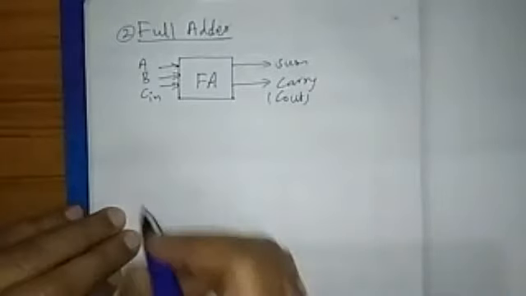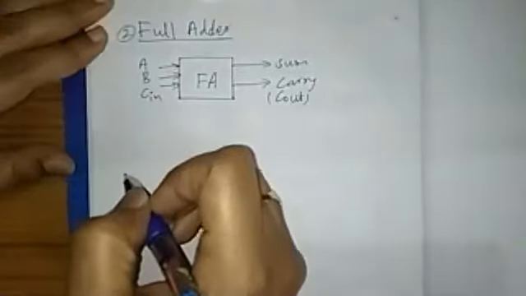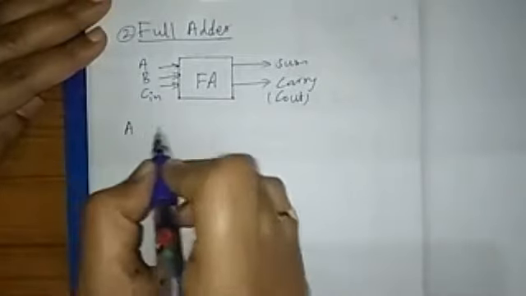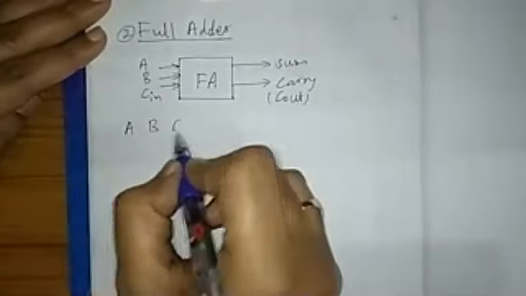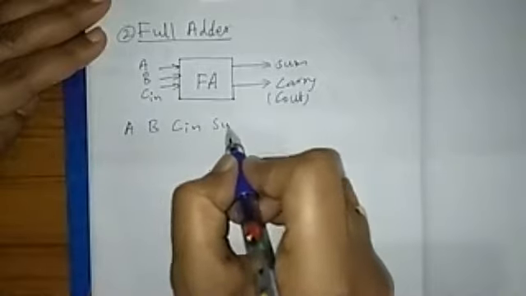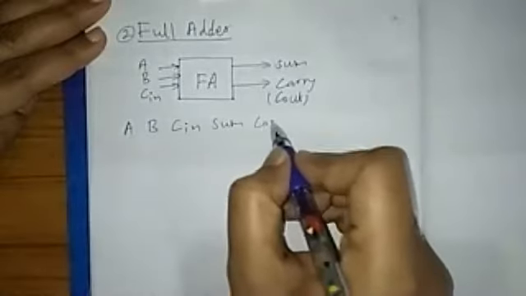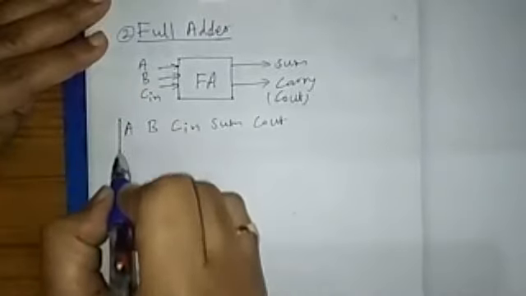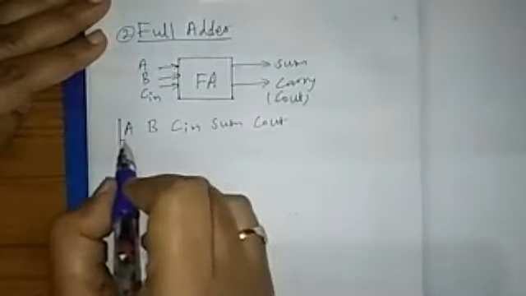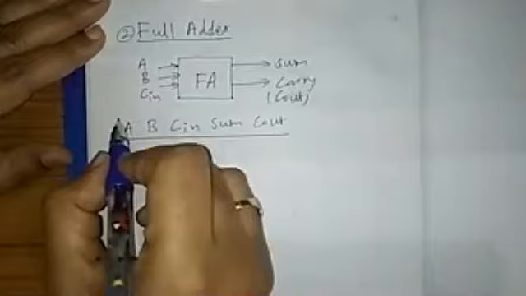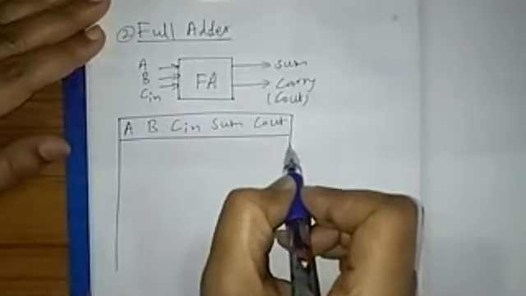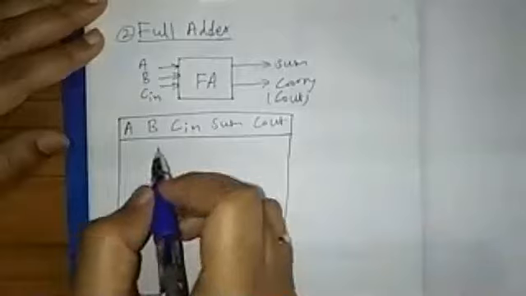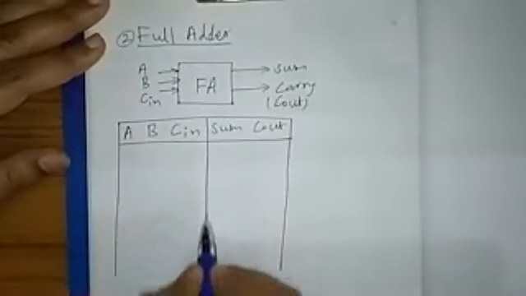Now, if I put the truth table for this, A, B, and C in, sum, and C out. Here 3 inputs means it will go from 000 up to a maximum of 111, that is 0 to 7, total 8 combinations.